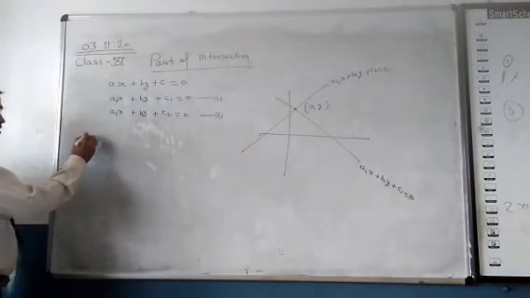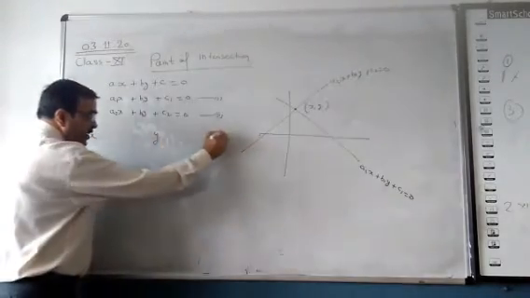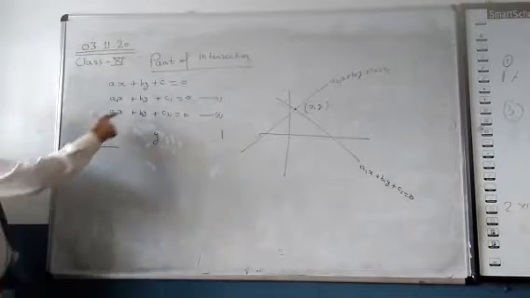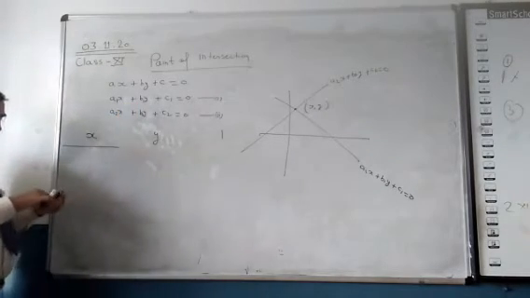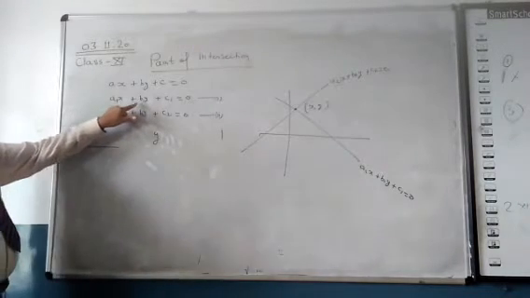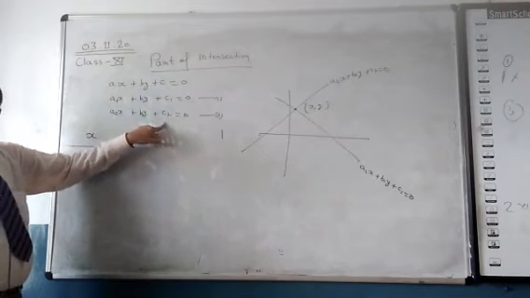You know, by the cross multiplication method, first we write x, y and 1. So x upon b1 c2 minus b2 c1, coefficient of y multiplied by constant.